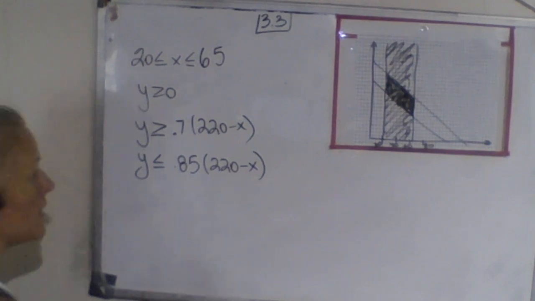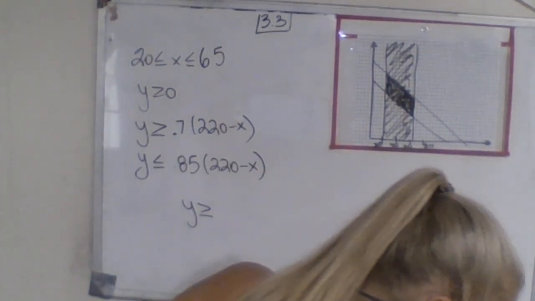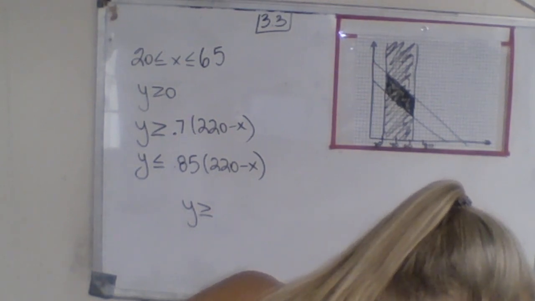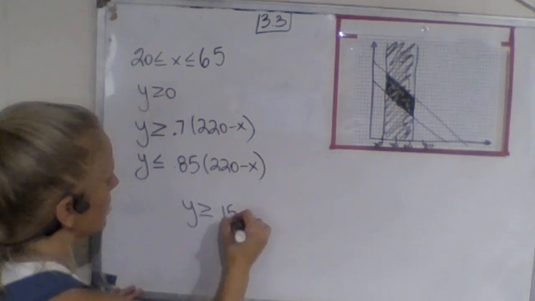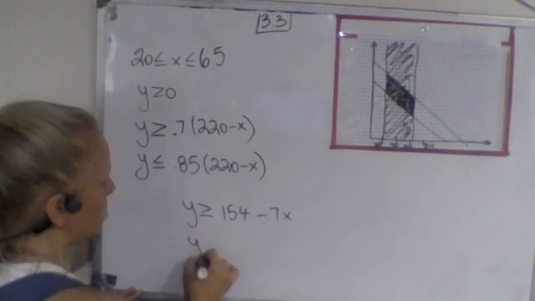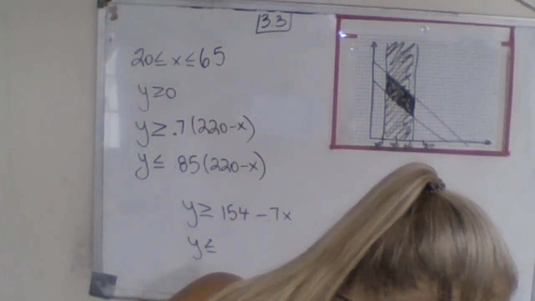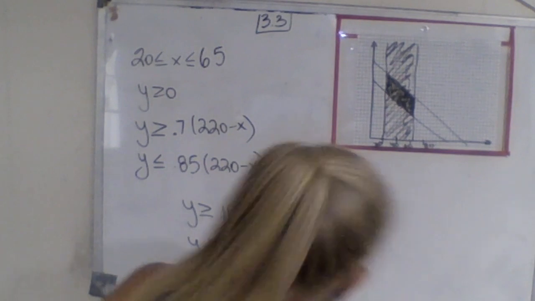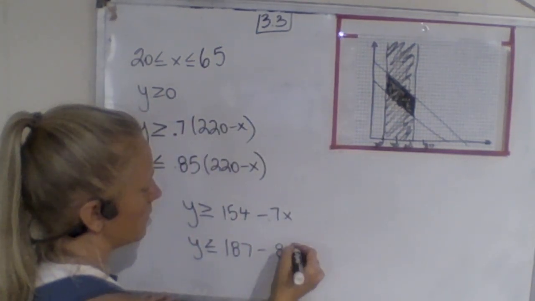How would we do this by hand? The best way would have been y is greater than or equal to 0.7 times 220, which gives me 154, minus 0.7x, and y is less than or equal to 0.85 times 220, 187, minus 0.85x.